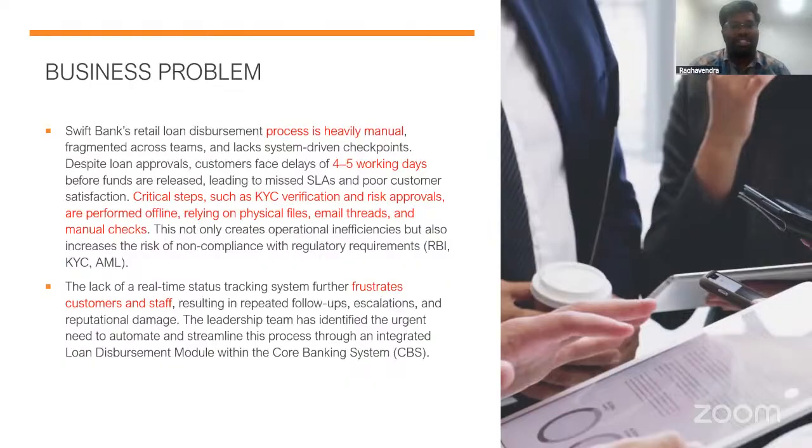When they search for the application, it's really hard to find where it has gone. It's hard to trace. The same happens with the files. If a document is lost, that's a risk, and it's also a compliance issue.